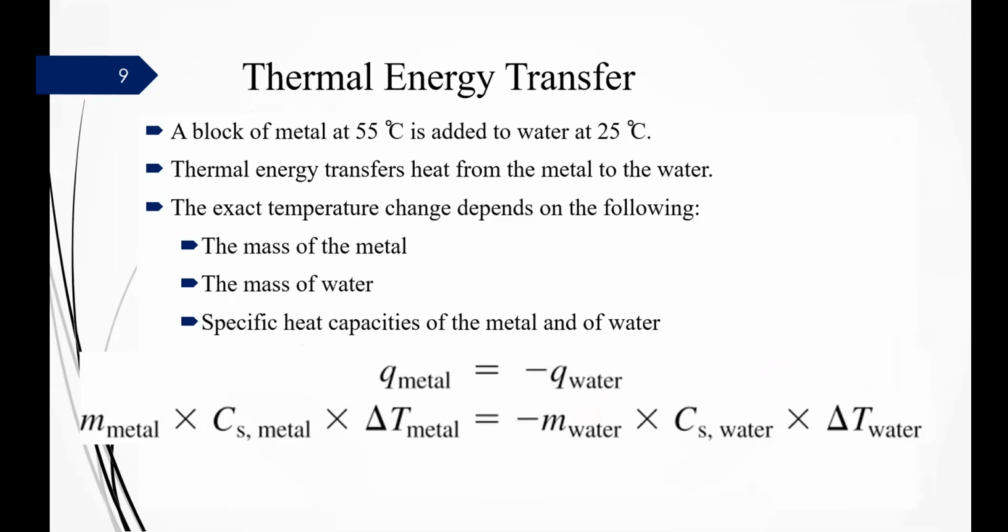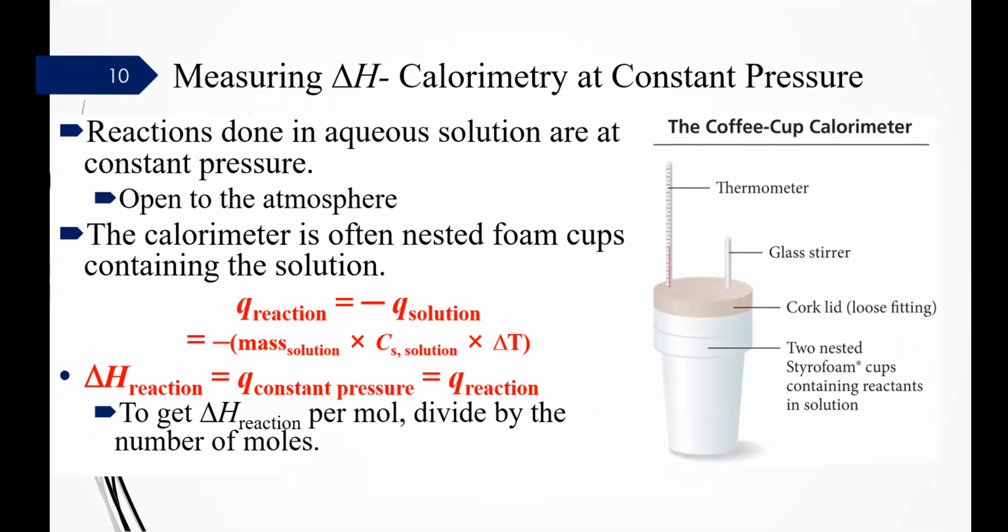While both of the cases we've shown so far have been us looking at objects, we're really interested in measuring the change in heat for a process. What we're trying to do is measure our enthalpy.